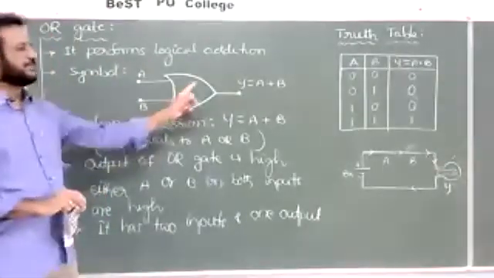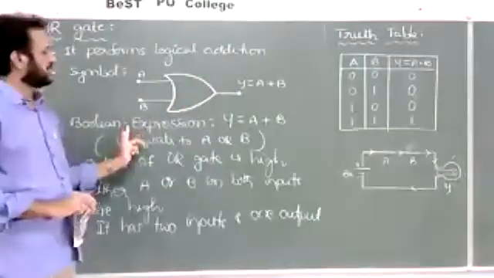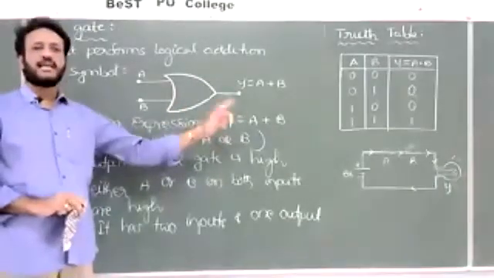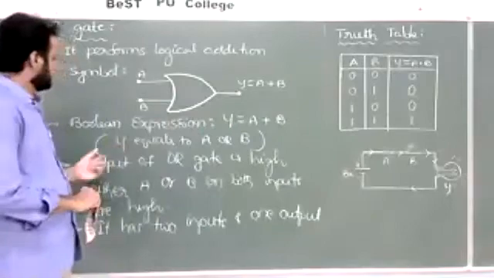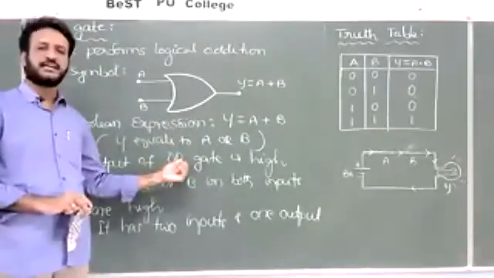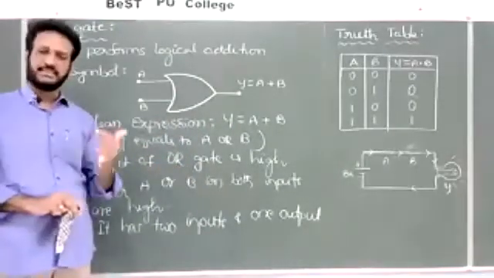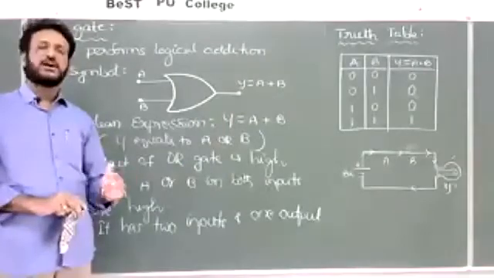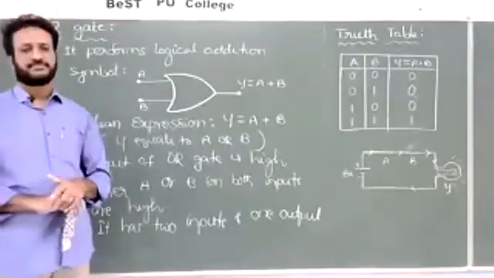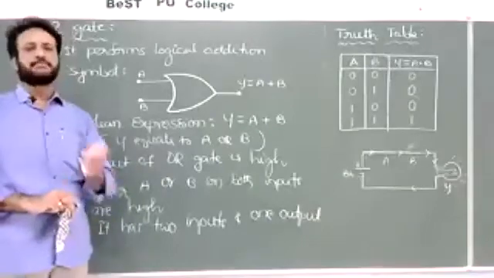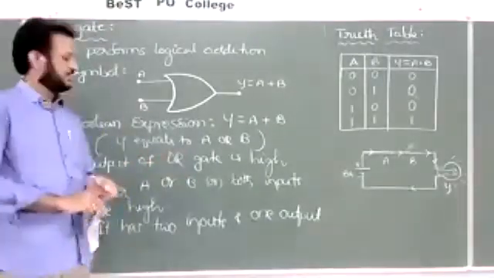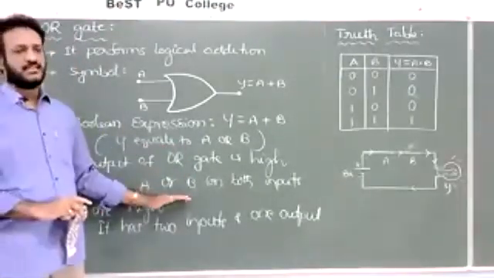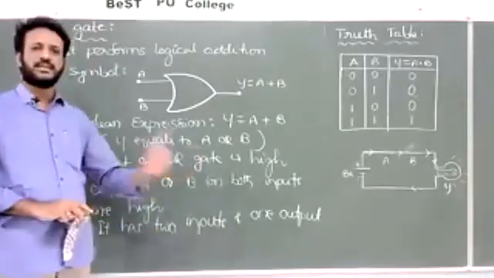This is the symbol of OR gate, with Boolean expression Y equals A or B. That means the output of the OR gate is high when either A, B, or both inputs are high. It has two inputs and only one output.